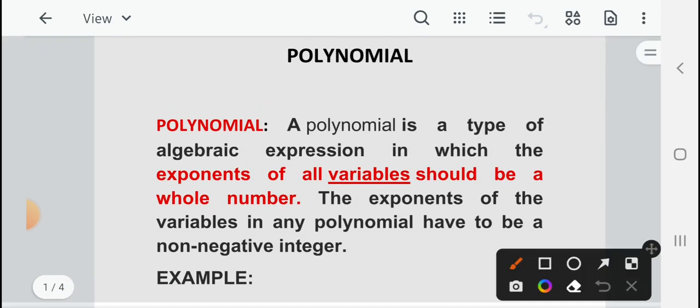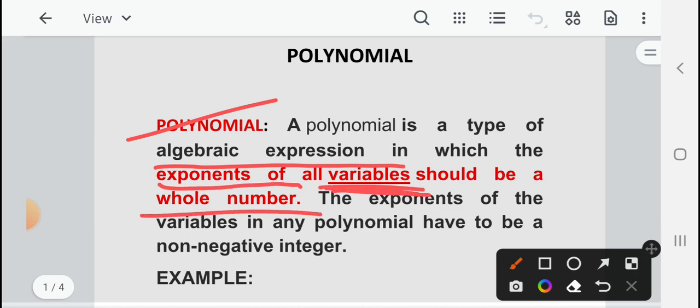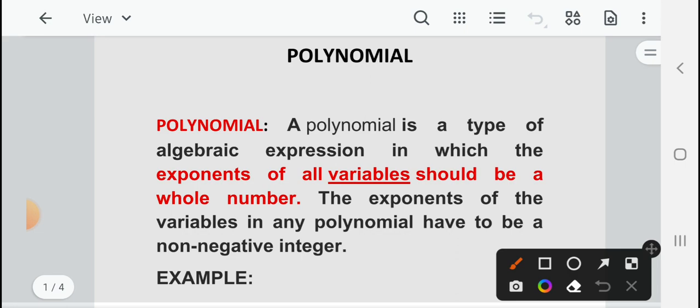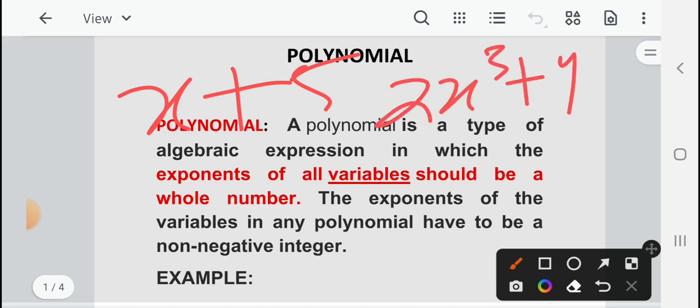As you know, polynomial is a type of algebraic expression in which the exponent of all variables should be whole numbers. Try to remember what we have discussed in class 9. When you take algebraic expressions like x plus 5 or 2x cube plus 4, these are algebraic expressions with real numbers and also variables.